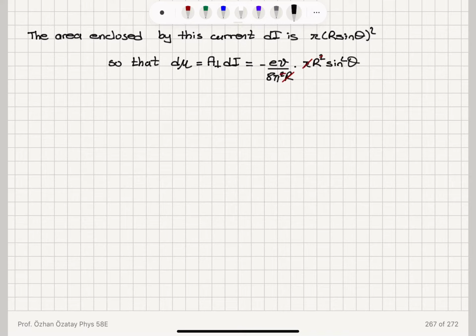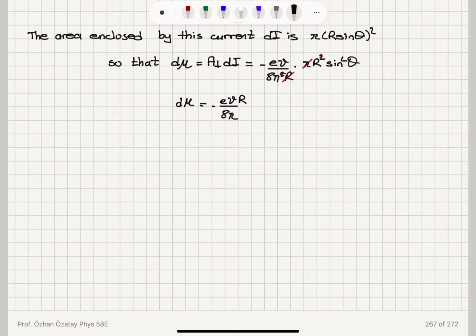And this will simplify to d mu equals minus e v over 8 pi. The R in the denominator disappeared and pi squared has become pi, and we are also left with an R on top and sine squared.